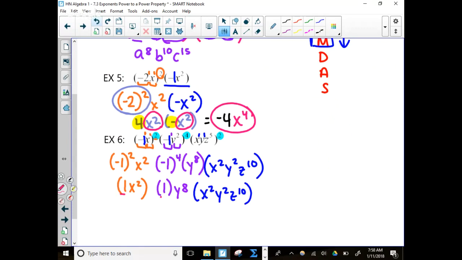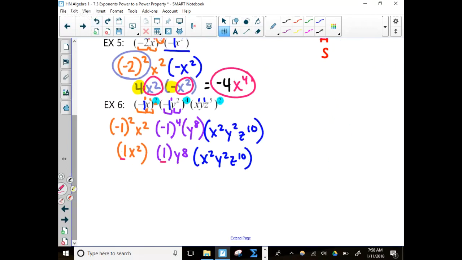So multiplying the numbers together, that would just be 1, so I'm not going to necessarily write it. Then multiply, x squared and x squared gives us x to the 4th, y to the 8th, y to the 2nd, y to the 10th, and then there's no other z, so z to the 10th.